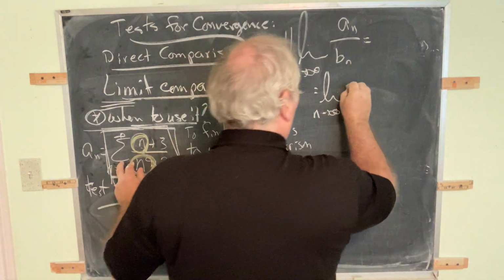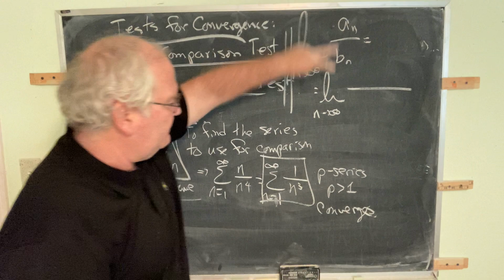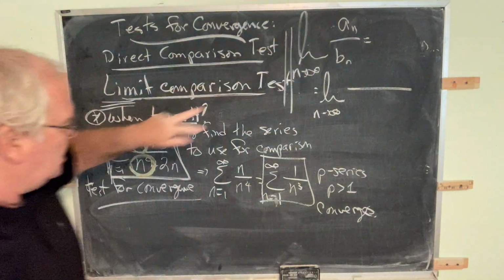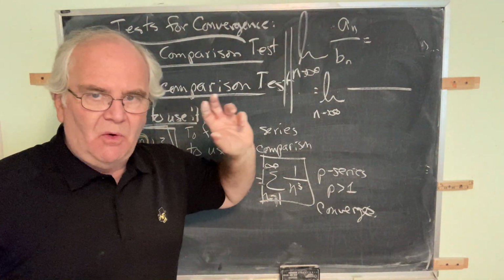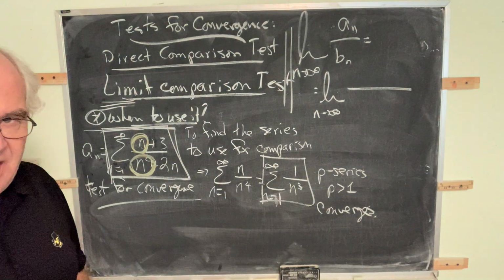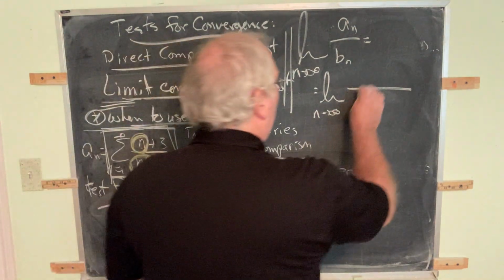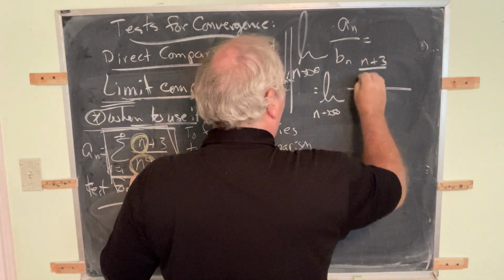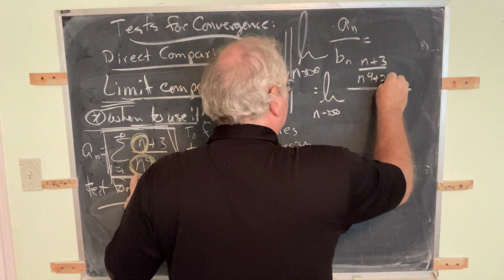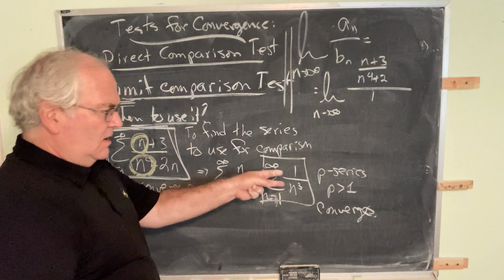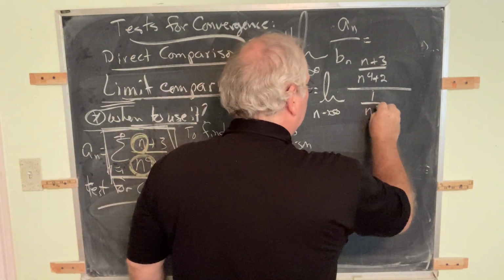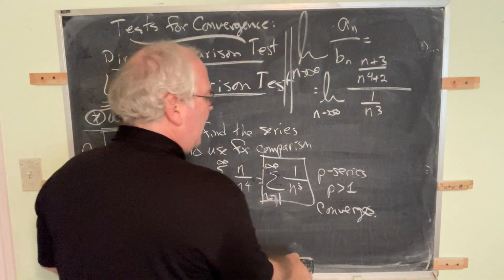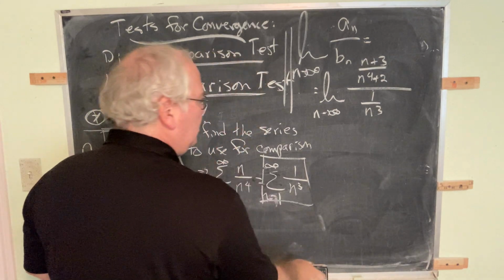It's going to be a fraction of fractions. You almost always will form a complex fraction. The complex fraction in this case is n plus 3 over n to the 4th plus 2n, over 1 over n cubed. And then simplify that expression and evaluate that limit.